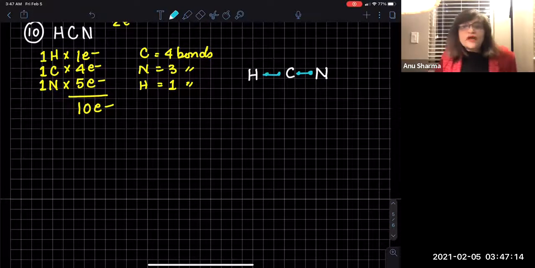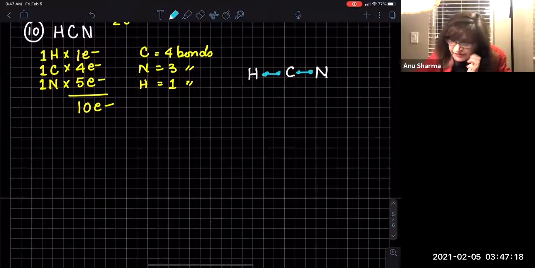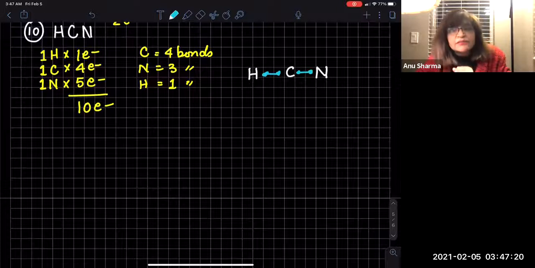Now what do you get here? We have hydrogen and carbon. Hydrogen's need to make the bond is satisfied, wanting only 1 bond and 2 electrons. But carbon and nitrogen are definitely not happy, because nitrogen wants to make 3 bonds and carbon wants to make 4 bonds.